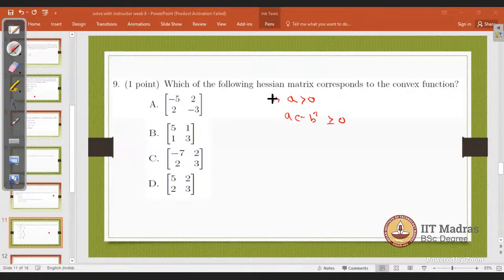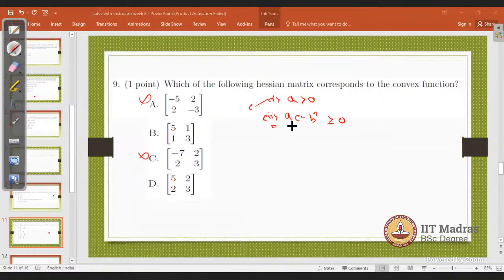These two conditions we follow here. So just check in option A, A is not greater than 0. So this option we can directly reject, and option C also we can directly reject, just by seeing the first condition only.